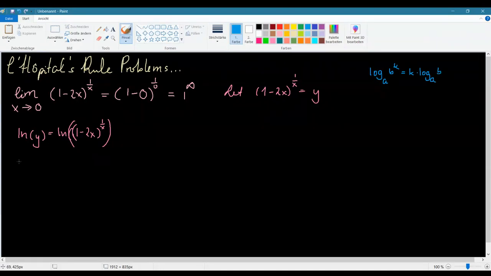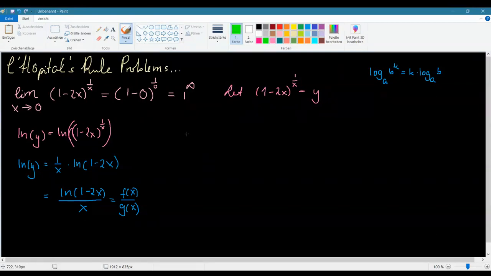So we're going to get ln y equals 1 over x times ln of (1 minus 2x). Well, great, because we can just stick this ln of (1 minus 2x) on the numerator here, and we're going to have our fractional form. We're going to have ln of (1 minus 2x) over x. And then this is going to be our f of x, and this is going to be our g of x, and we can apply L'Hopital's rule.